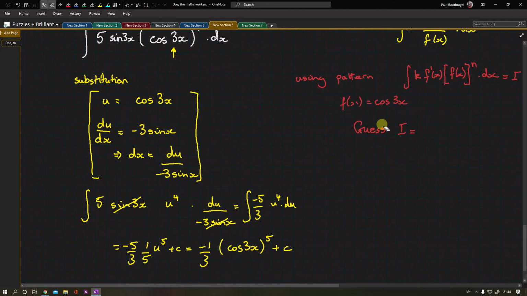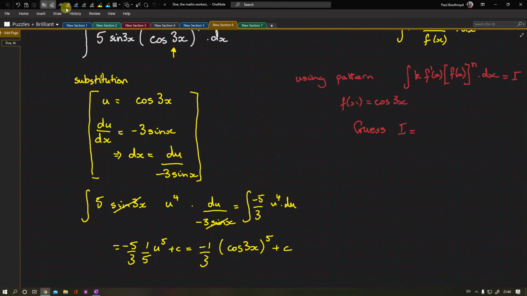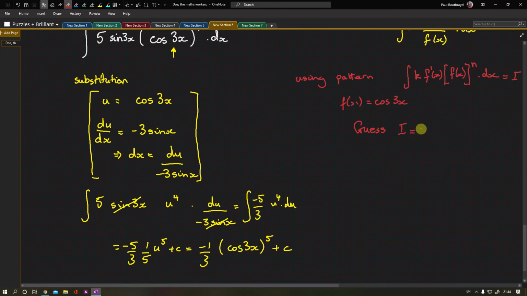So they don't know, and they're making a guess. We're going to guess that the answer to this is our constant 5 times some value I've got to work out, and then they take the function itself, f(x), which in this case is cos 3x, and we try 1 power higher.